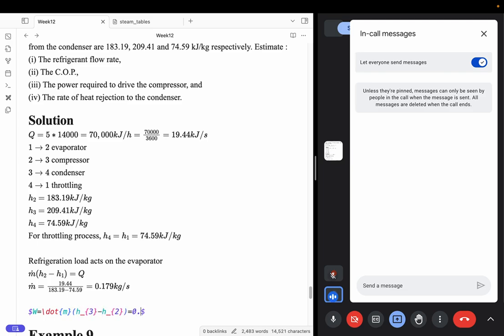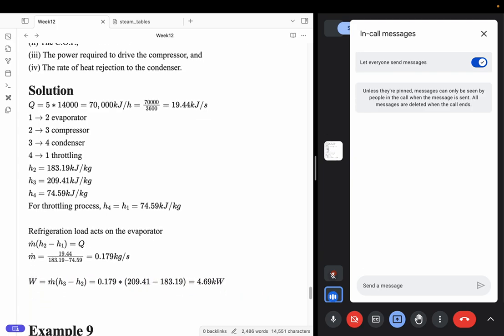So m dot is 0.179 times H3 minus H2, which is around 4.694.